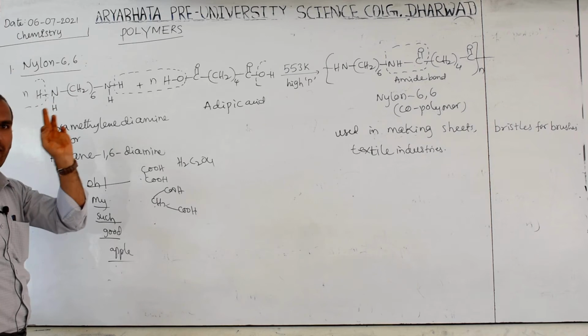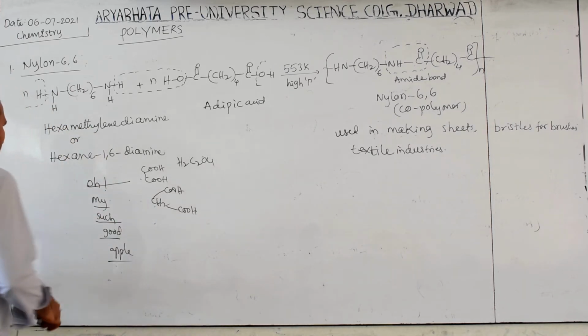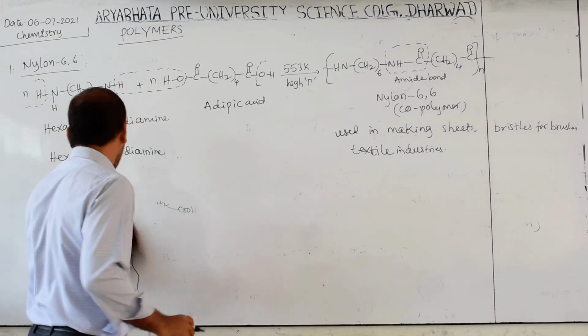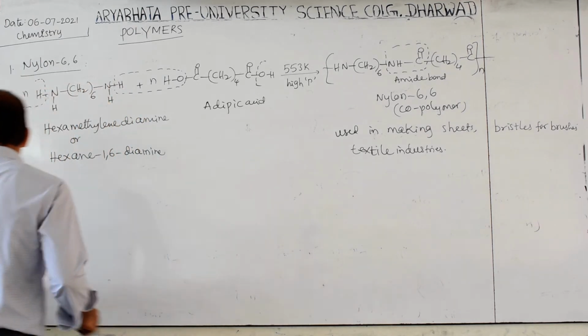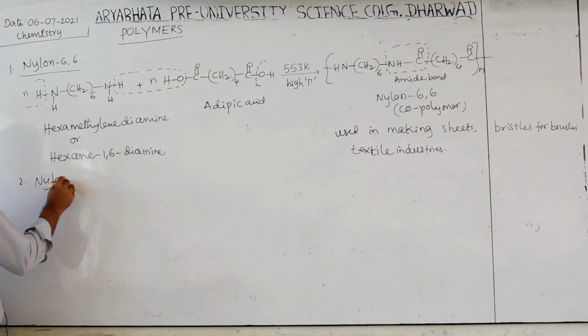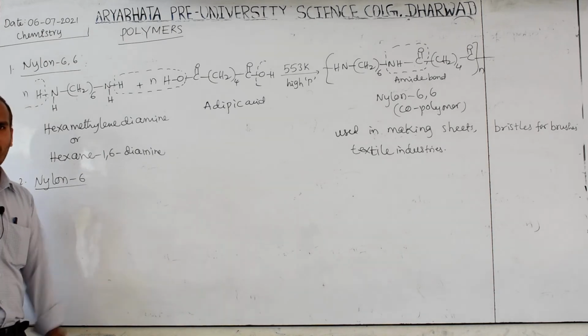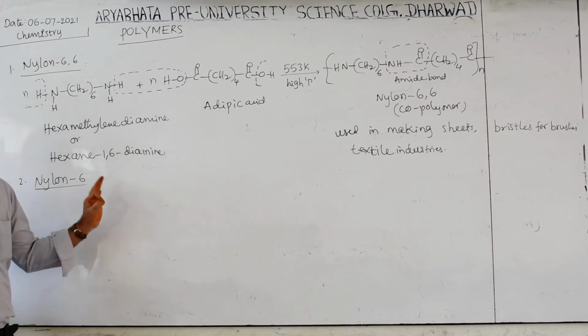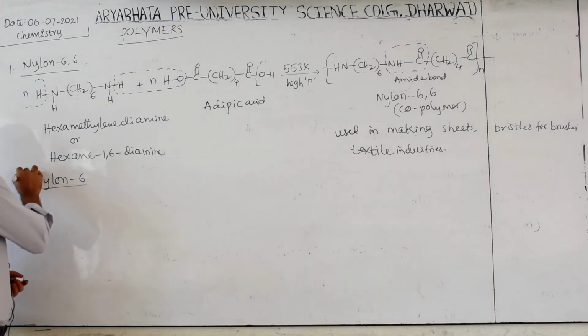Now nylon 6, second example. If poly is there, remove poly, we can write the monomer. This question is asked many times in all competitive exams. Very, very important.